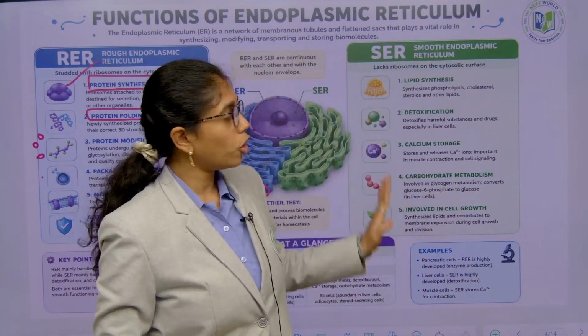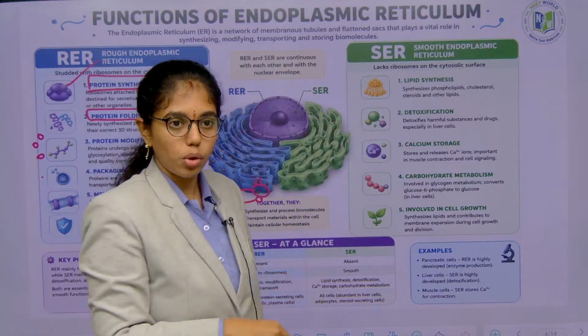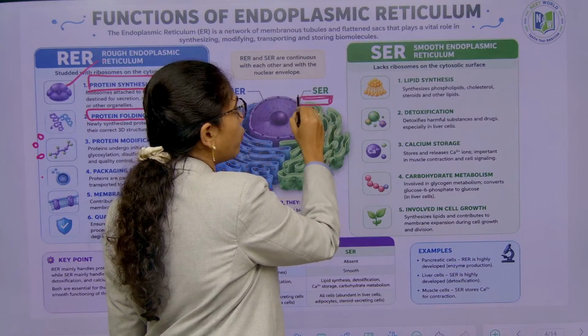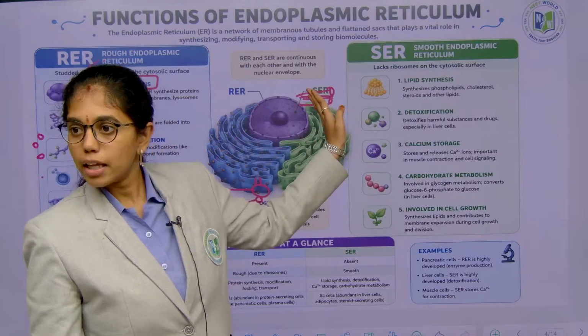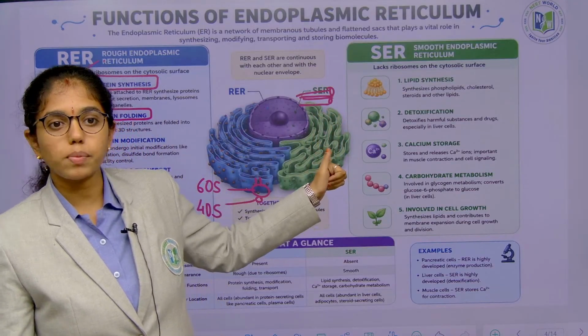Coming to smooth endoplasmic reticulum, which does not have any ribosome layers over it. Most of the smooth endoplasmic reticulum is of tubular structures like this. They do not have any ribosomes. What is the chief function of smooth endoplasmic reticulum?